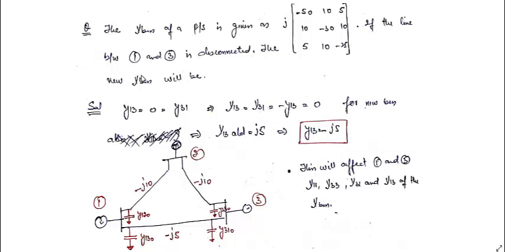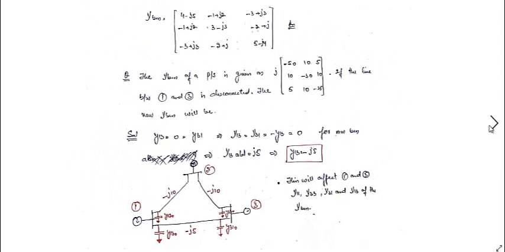You can see the others, this line will not come in other terms of this Y bus, so they will be unaffected, like y21, y23, y22, like this. You can see here y22 and the others will not be affected. Which are affected? y11, y33, y31 and y13, they will be affected.